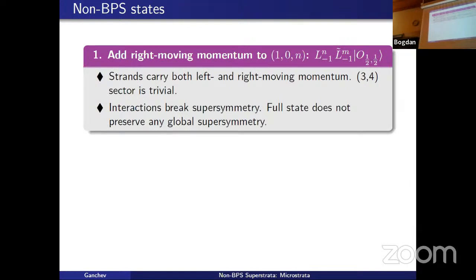The idea here is we take the (1,0,n) superstratum and we add right-moving momentum excitations to it. The standard superstratum has left-moving momentum excitations on it, and we add the right-moving excitations by acting with this L_{-1} to the m Guido operator. So this means that your strands will carry both left- and right-moving momentum.